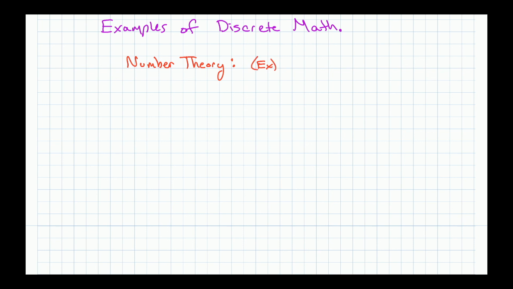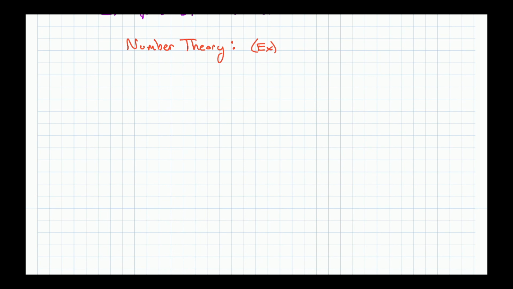What would be an example for number theory? Something like this: if you add an odd number plus an odd number, you get an even number.